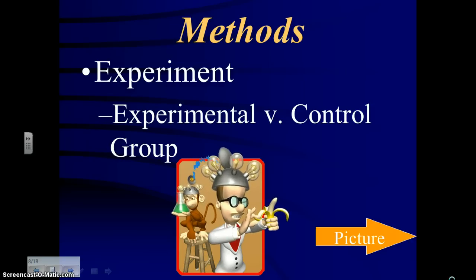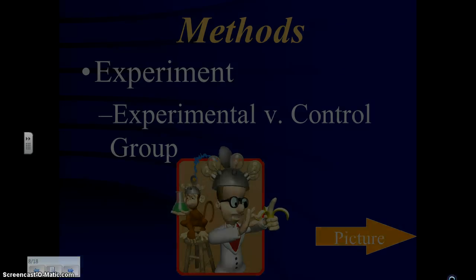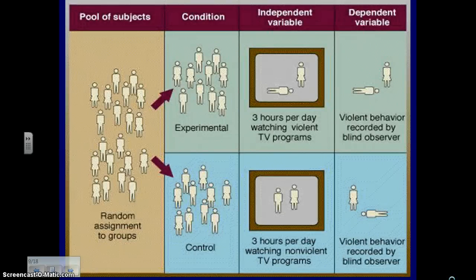So, for example, let's take violence on television. Okay? Let's say that you get your pool of subjects. This is the subjects that you randomly drew from the population. And that's right here. Those are your subjects. Now, you randomly assign those people to one of two groups, the experimental or the control.